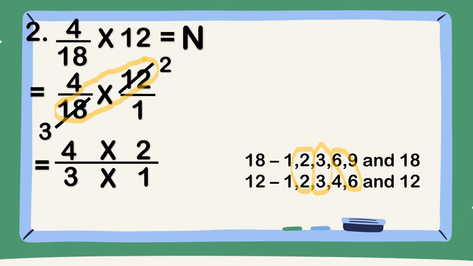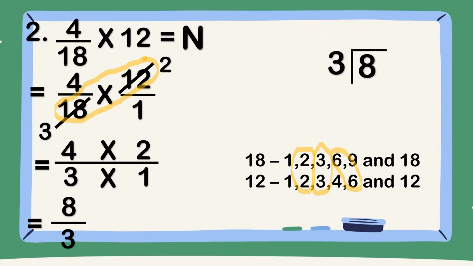times 2 over 1 is equal to 4 times 2 equals 8, and 3 times 1 equals 3. So as we can see, the product here is 8 over 3, which is an improper fraction. So we are going to simplify it by dividing the numerator 8 by the denominator 3.